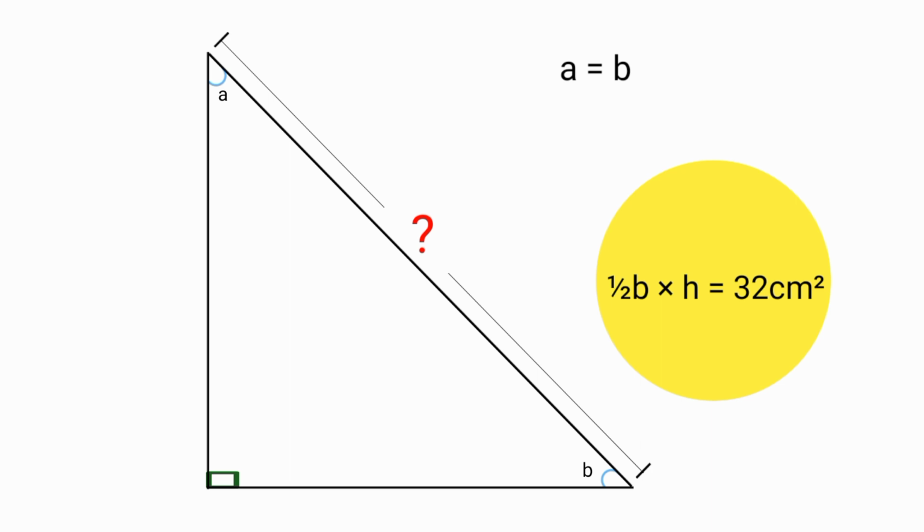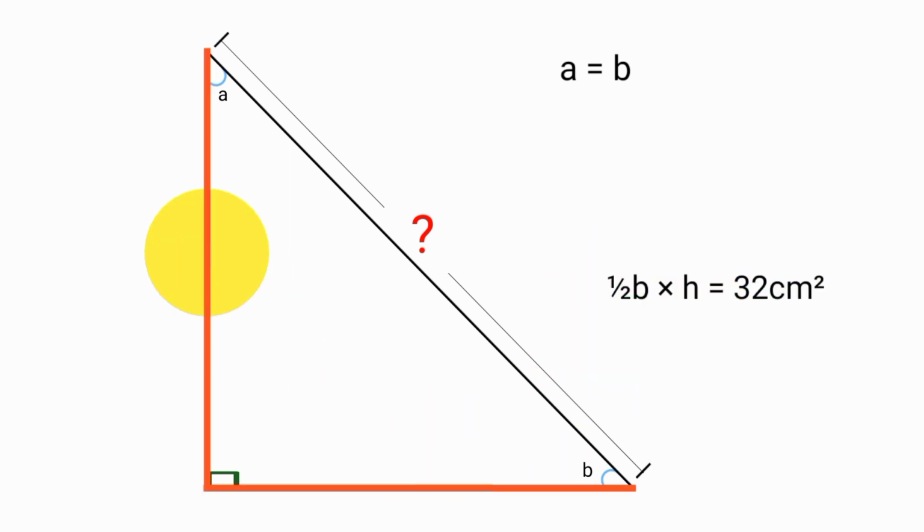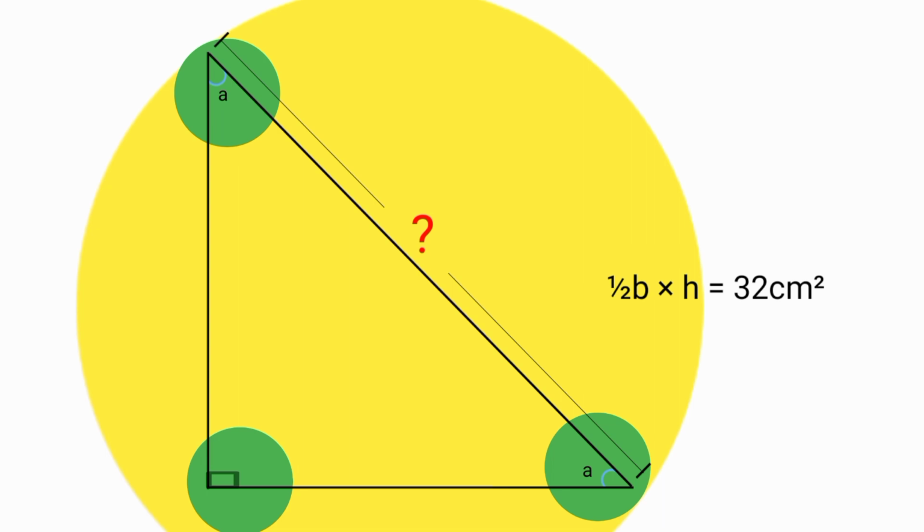Recall, in a right angle triangle, any of the two sides that are perpendicular to each other can be the base or the height. That is this side and this side here. We don't have their length, but recall here, we have that this angle A is equal to this angle B. So we can replace this B here with A. Now, sum the angles of the triangle and equate to 180 degrees, because the summation of angles in a triangle is 180 degrees.